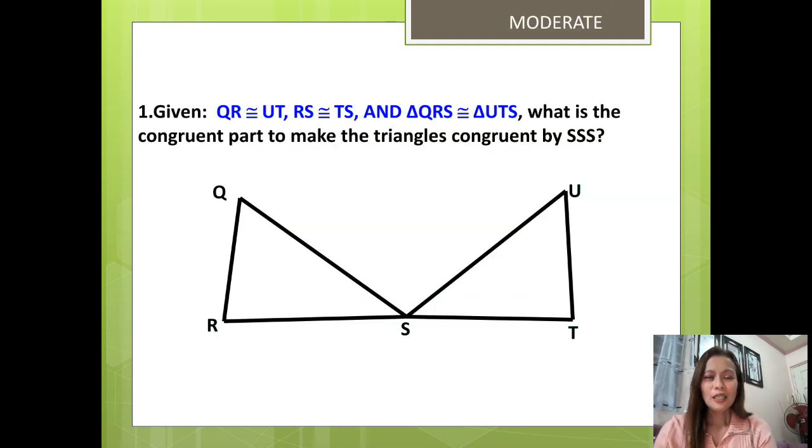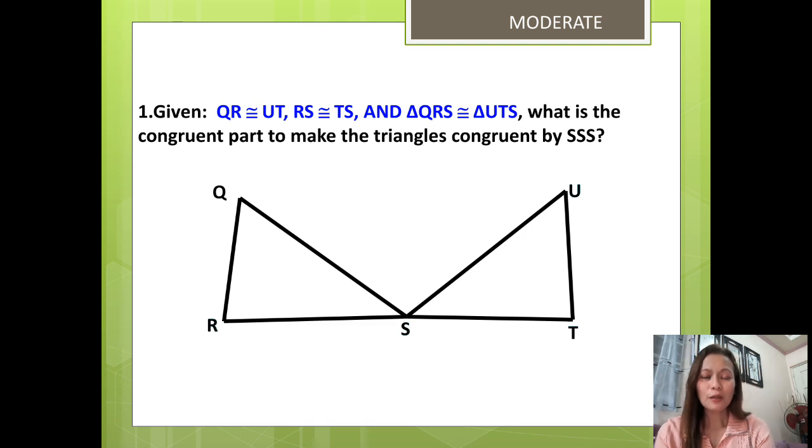Next, first question for moderate. Given side QR is congruent to side UT, side RS congruent to side TS, and triangle QRS is congruent to triangle UTS. So what is the congruent part to make the triangles congruent by SSS?